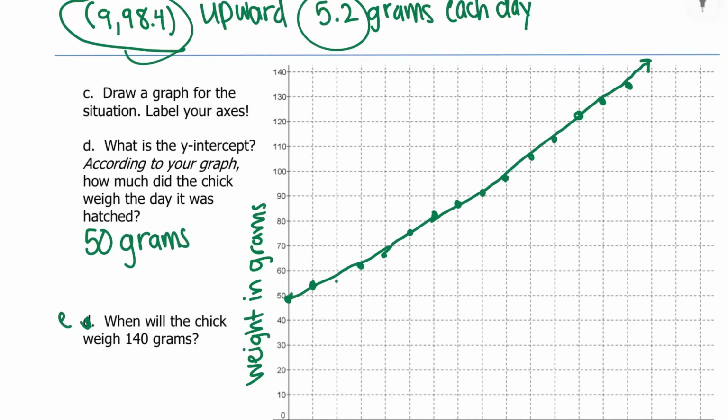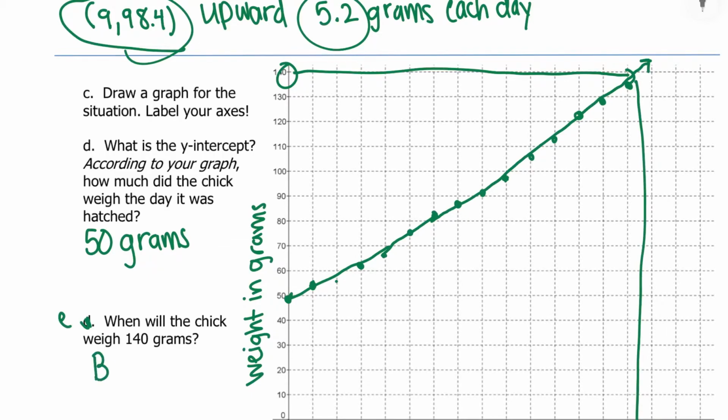And then it says, when will the chick weigh 140 grams? So we need to go to 140 and figure out where that hits. That's about between 14 and 15 days for mine.